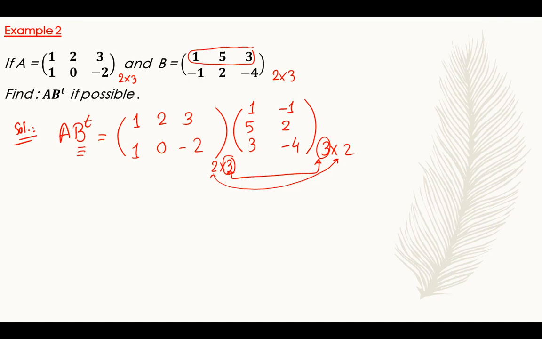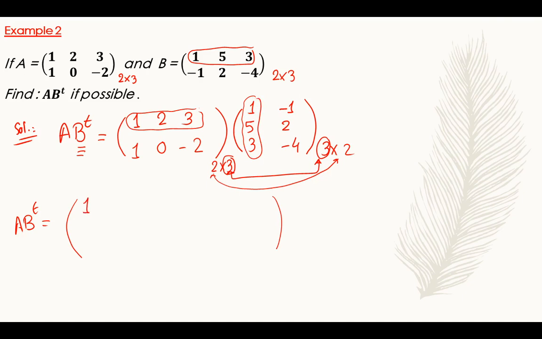Okay? Let's do it together. A, B transpose will be equal to. First, we are going to multiply the first row by the first column. 1, the first element times the first element, 1 times 1 equals 1.